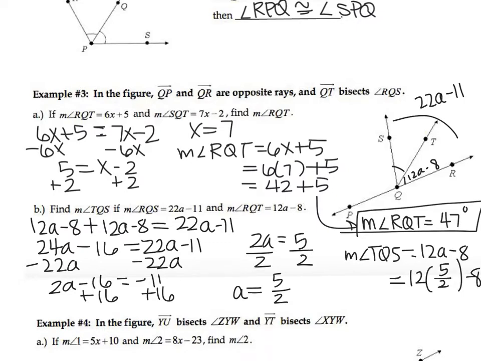So I left it as a fraction because I can do 2 steps. Instead of doing 12 times 5 and then dividing by 2, I'm going to do 12 divided by 2, which is 6, and then multiply it by 5, which gives us 30. So we get 30 minus 8, and we get the measure of angle TQS equals 22 degrees.